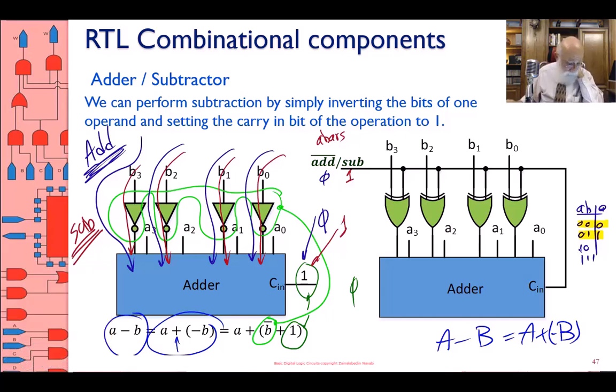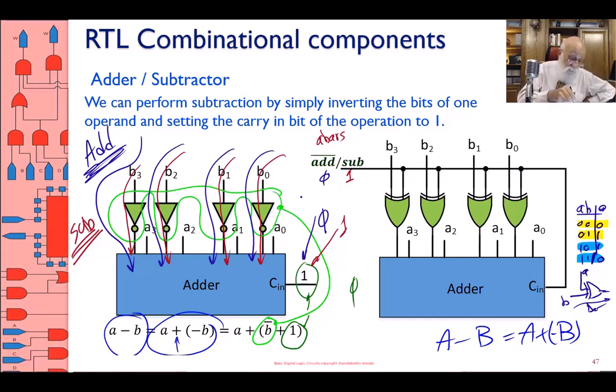In the situations that A is 1, which are these two cases, the output is the complement of B. So this is a 1, this is a 0. So I can say this is an XOR. A is the inverter control and B is the input. If A is 0, B goes through. If A is 1, complement of B goes through.